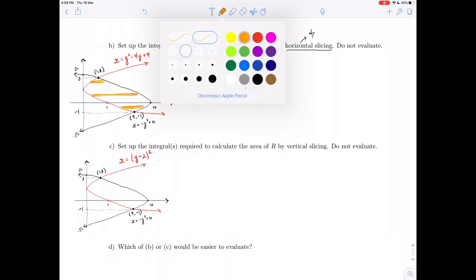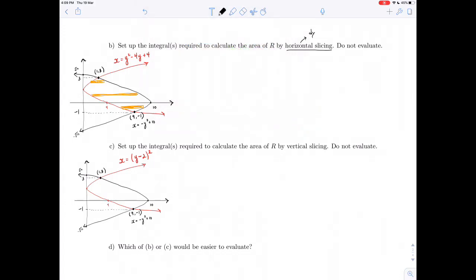So if we are going to apply our formula, the integral from c to d of the right curve minus the left curve, we have enough information in our diagram already to write out the integrals. So we know c is the bottom value here, so c is minus 1. d is the top value, so d is 3.